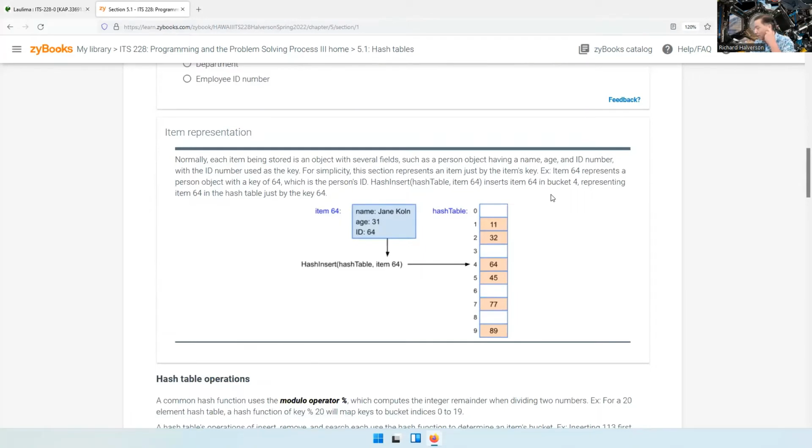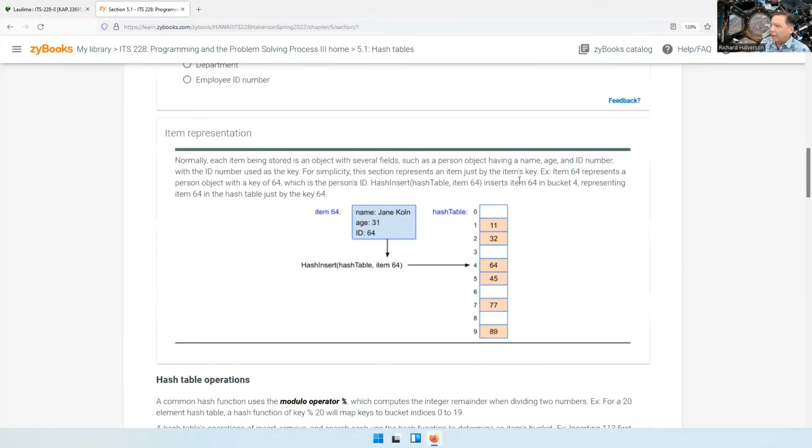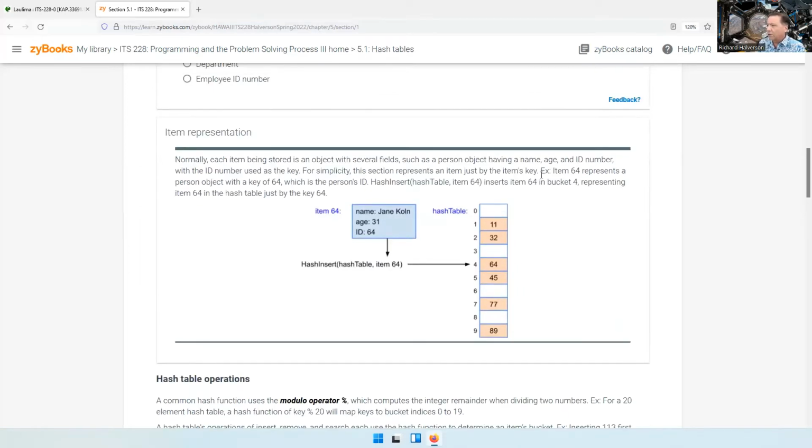So the clever part is choosing the right hash function and size and so on, and then also selecting the right method for handling collisions. This just goes on to say that in this chapter, an item like 64 can actually be a record of some sort or an object, but we're just really concerned with the key value.